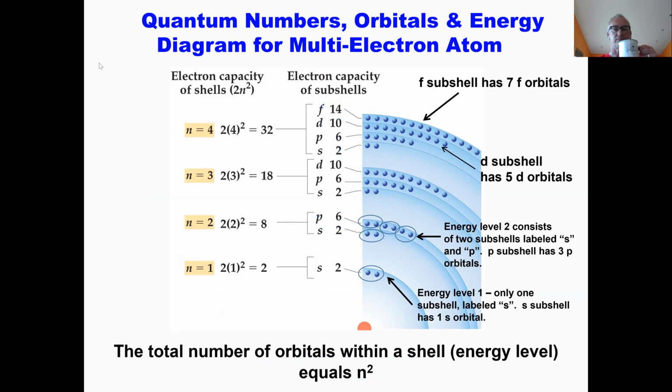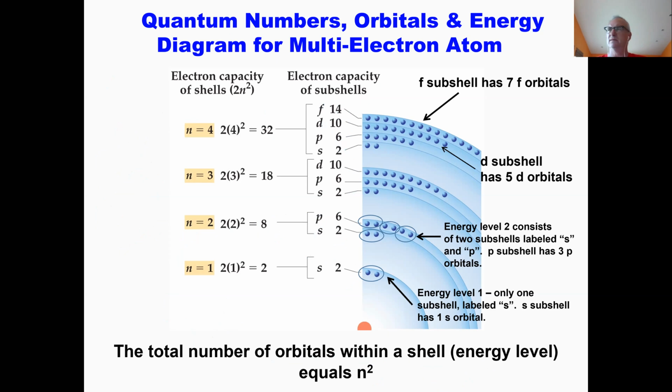No more than F. No. Theoretically there might be, but these 4 subshells are all we need in order to define all the elements we have so far.